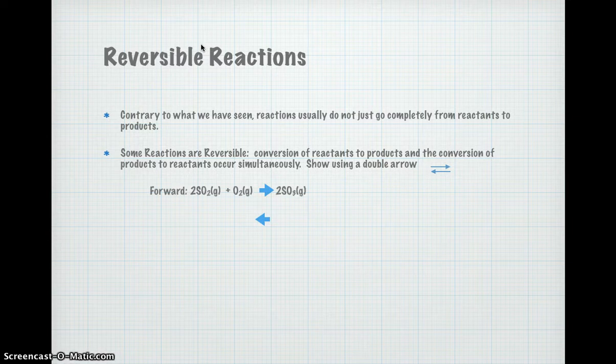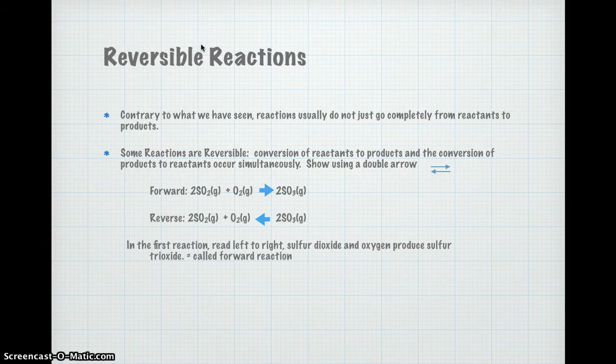Here's a forward reaction of sulfur and oxygen. So we have 2SO2 plus O2 produces 2SO3. Now as a reversible reaction, that's the forward reaction. But we also have the reverse reaction, which is the decomposing of 2SO3 back into 2SO2 and O2.